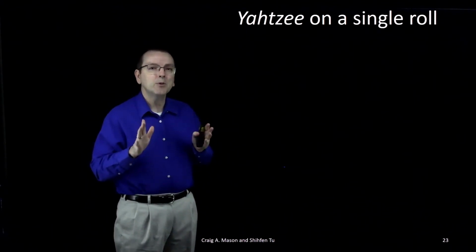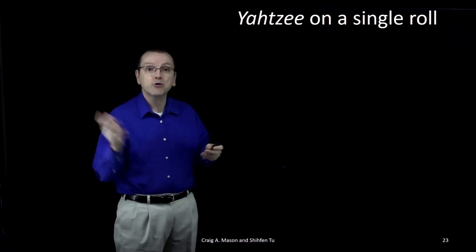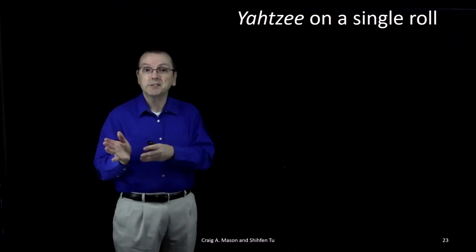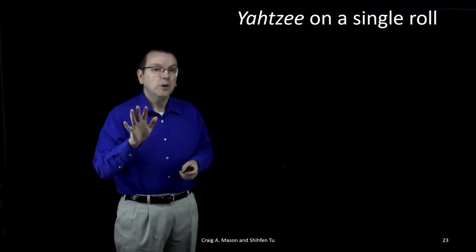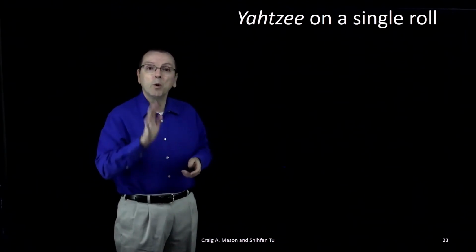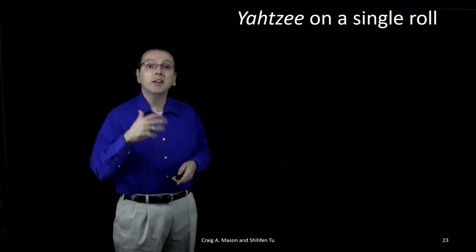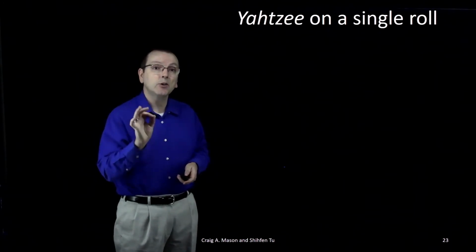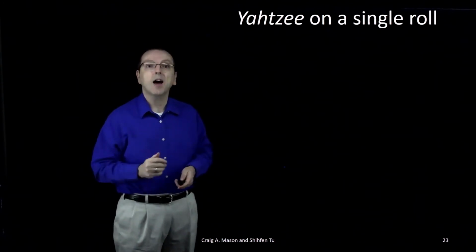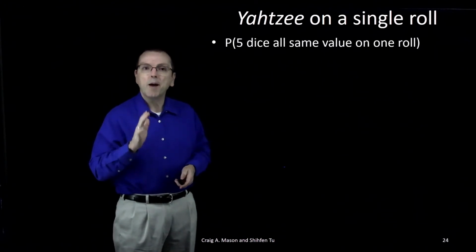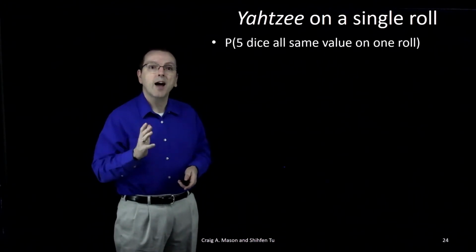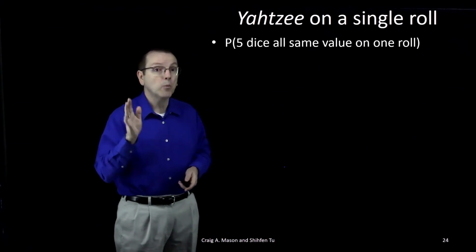Now in the game, you can do this over 3 tries where you can keep some dice and re-roll others. But we'll keep it simple and ask, what's the probability of getting a Yahtzee on a single roll of all 5 dice? In other words, what's the probability that all 5 dice have the same value on one roll?